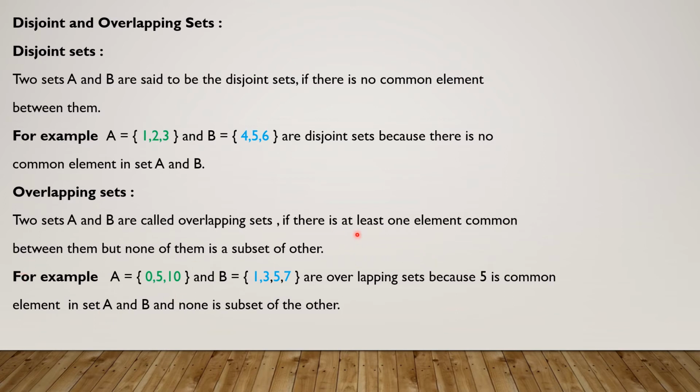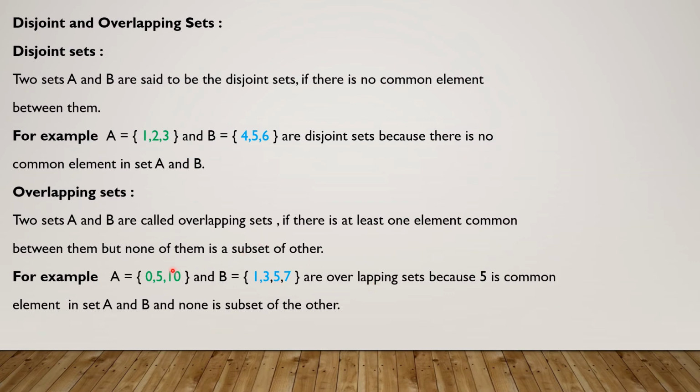Condition number 1 is at least one element common between them. Yes, 5 is common between them. Condition number 2 is that none of them is a subset of the other. Yes, A is not a subset of B and B is not a subset of set A. Both conditions are satisfied, meaning A and B are overlapping sets.